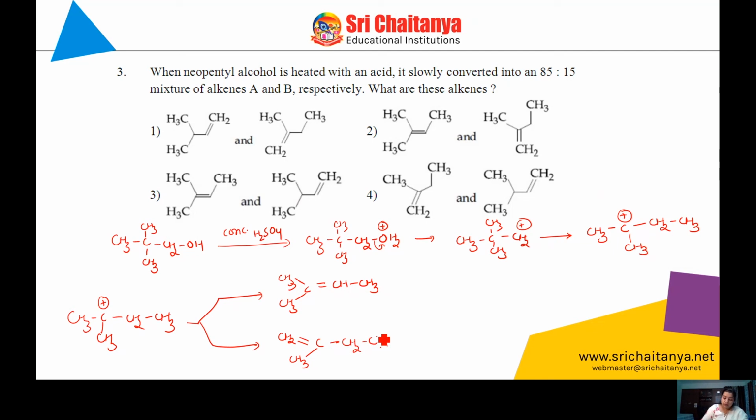Now let me go to the question again. It is heated with an acid, and it is slowly converted into an 85:15 mixture of alkenes A and B. This is our major, so this must be in the ratio 85, and this must be our minor product, 15.